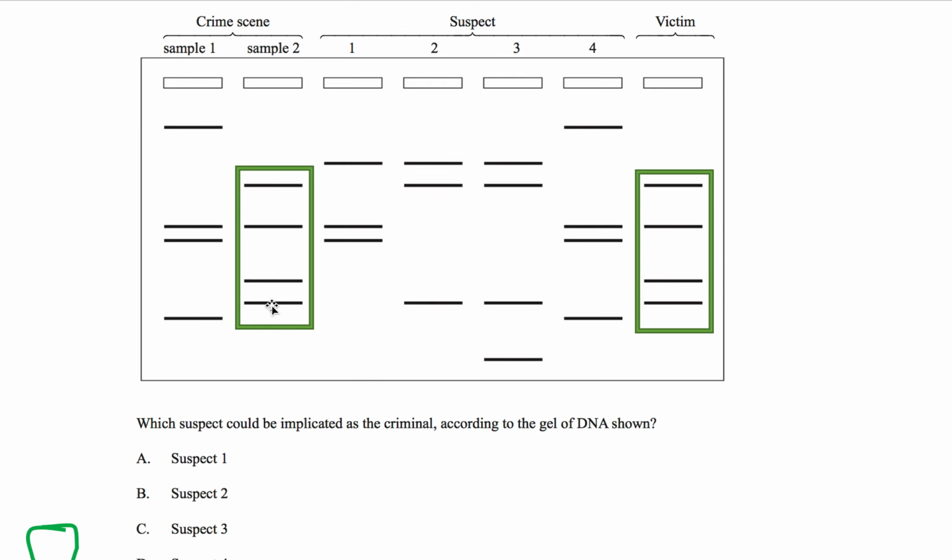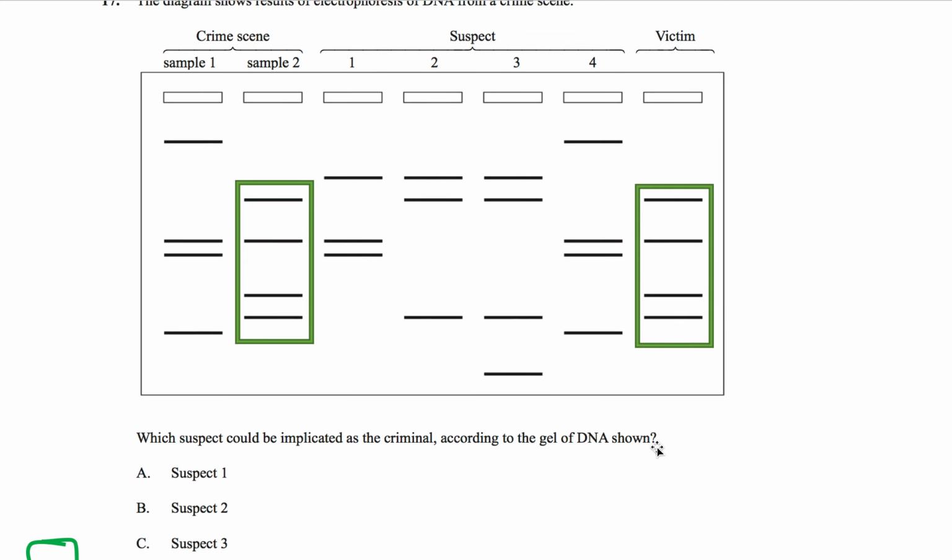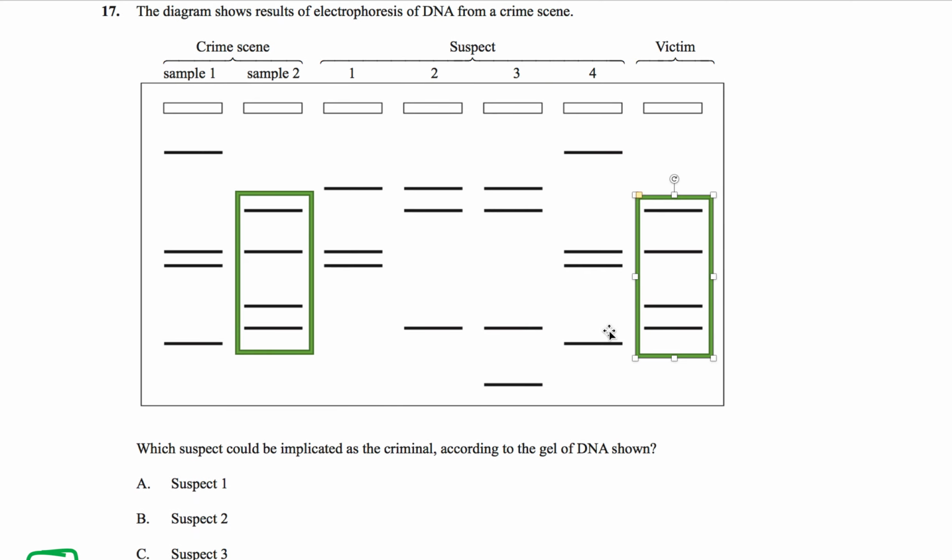Now, what is the question actually asking? Which suspect could be implicated as a criminal according to the gel of DNA shown? So they're asking, which of these people right here, 1, 2, 3, or 4? A suspect is obviously the person that is a potential murderer. It's someone that the police thinks could have done the killing.